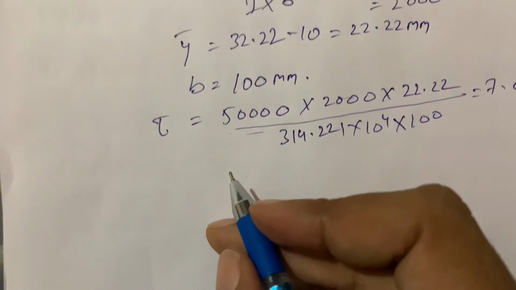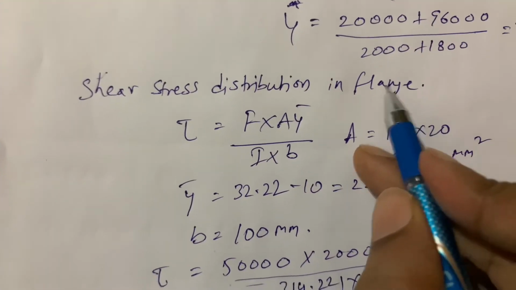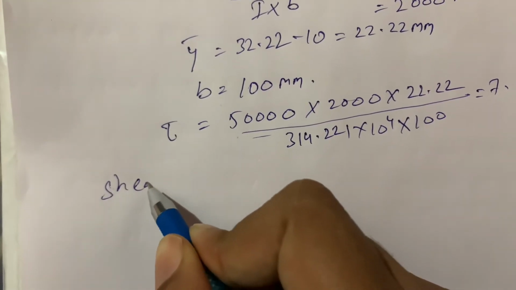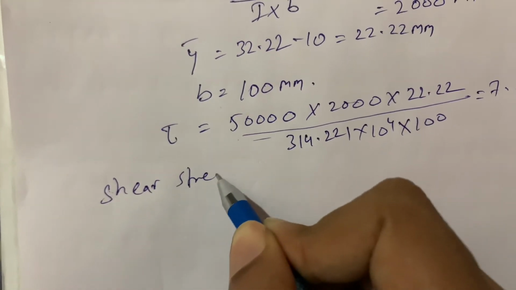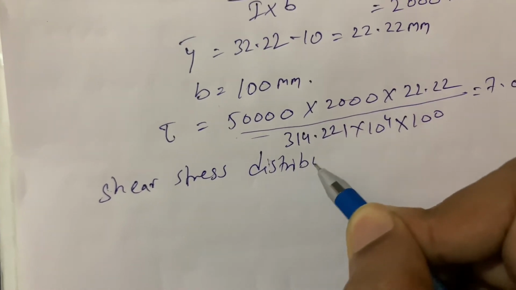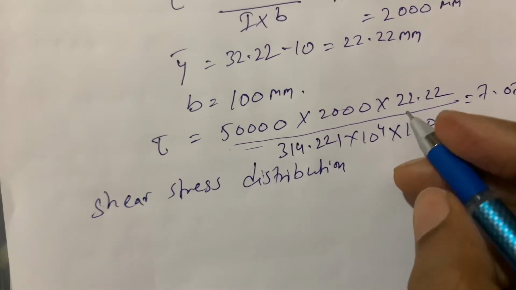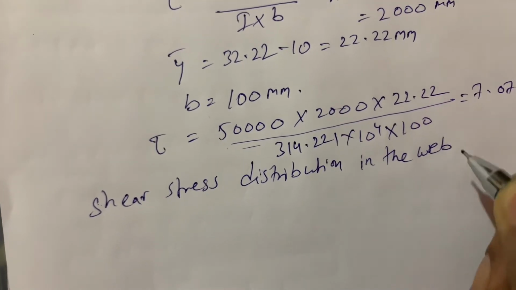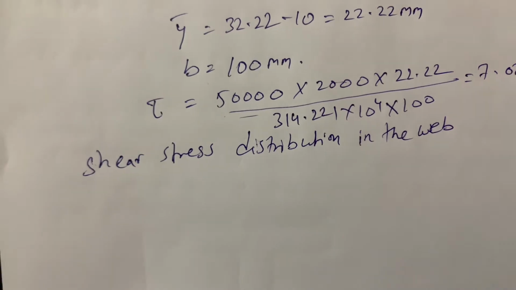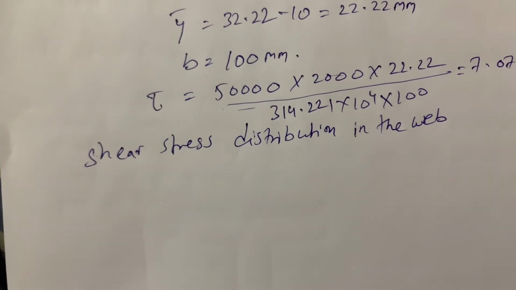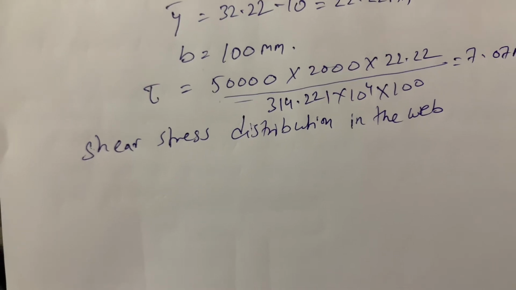After that, first we calculated in the flange, and next the shear stress distribution in the web portion. First we have to calculate at the junction of the web and flange, where it will suddenly increase.